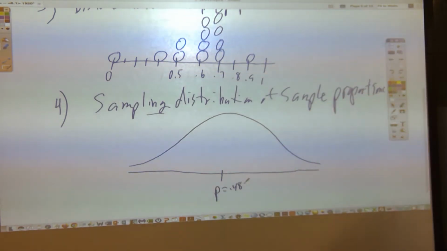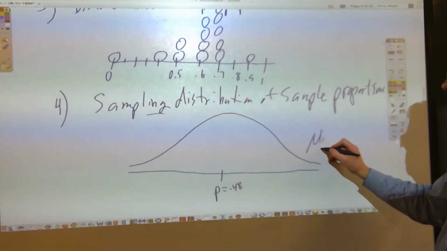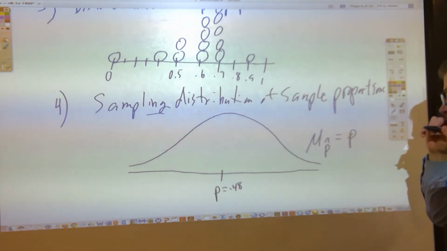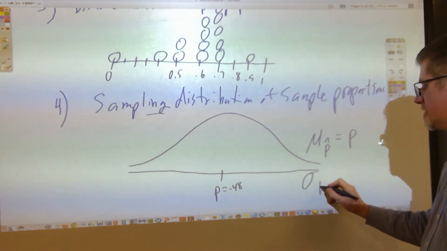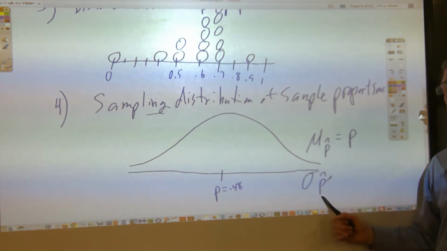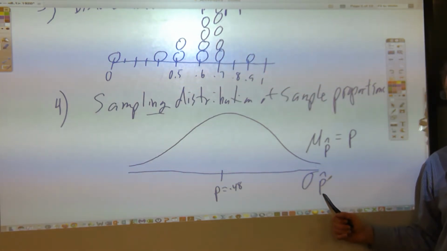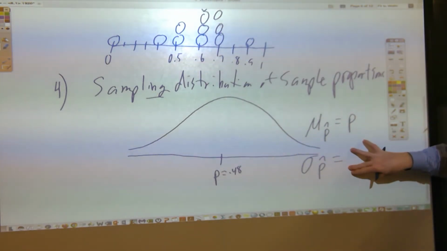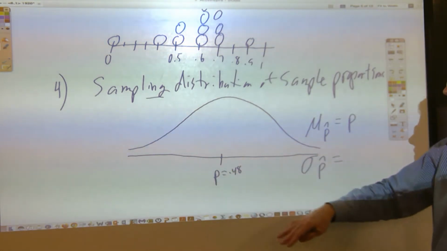And it also has a standard deviation. Its mean is called mu sub p hat, which is the true proportion P, and it has a standard deviation, sigma sub p hat. We pronounce this the standard deviation of the sampling distribution of sample proportions, and there's a formula for this that we're going to derive based on word picture number 3. So hold off on this one. This one's fairly intuitive.